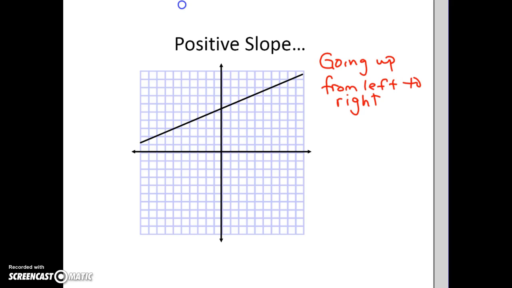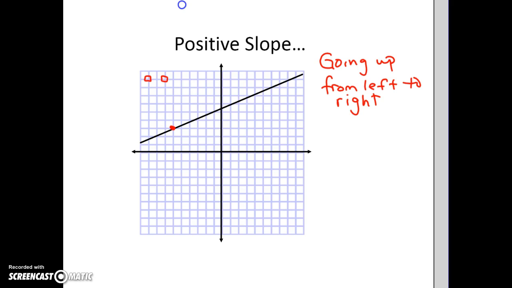So the way I'm going to calculate my slope is I'm going to pick 2 points on that line that clearly cross the grid. It clearly crossed the corner of the grid. So as I look at this, I see one right here, and it clearly crosses the corner of the grid, right here.